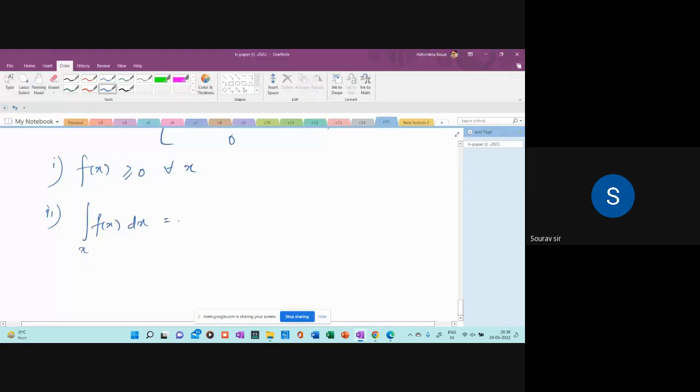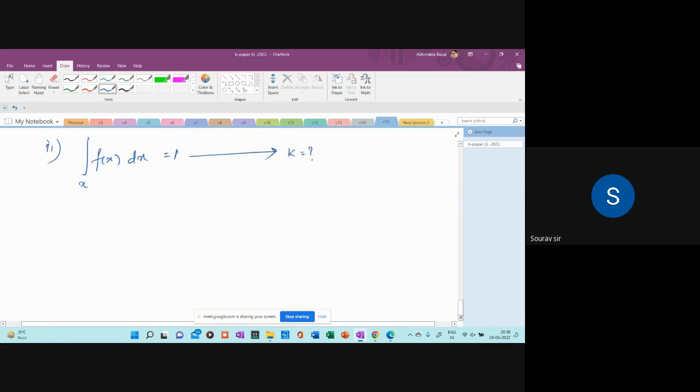We know that this function will be a PDF if it satisfies the property that f(x) is greater than or equal to 0 for all x. So this first property is satisfied. Property number 2 says that the integration over the whole range of x of f(x) dx is equal to 1. From this property, I need to find the value of k.